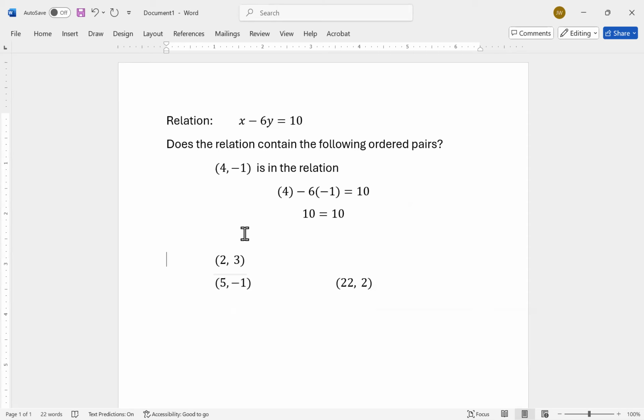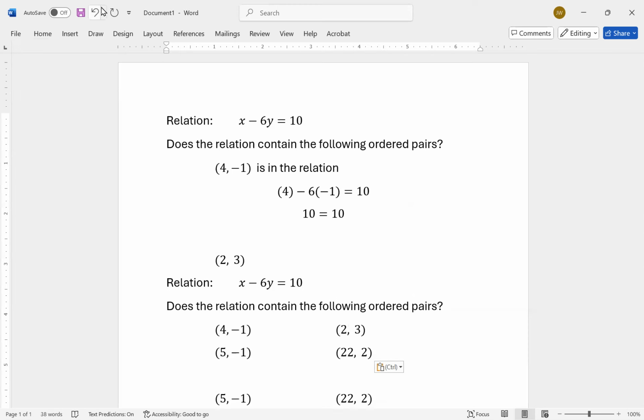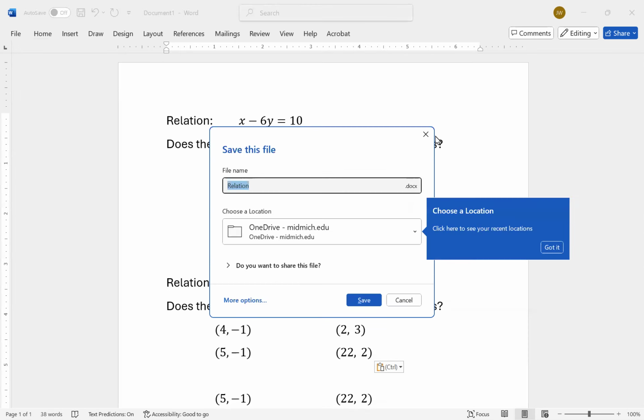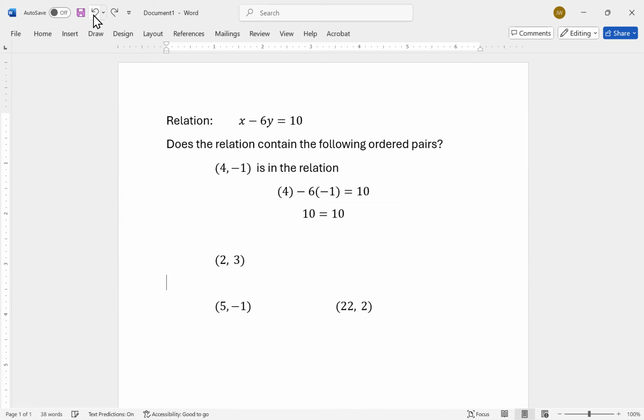Let's take a look at (2, 3). So we want to figure out whether (2, 3) is in the relation x minus 6y equals 10. So I say x minus 6y equals 10, and then I replace the x with a 2, the y with a 3.